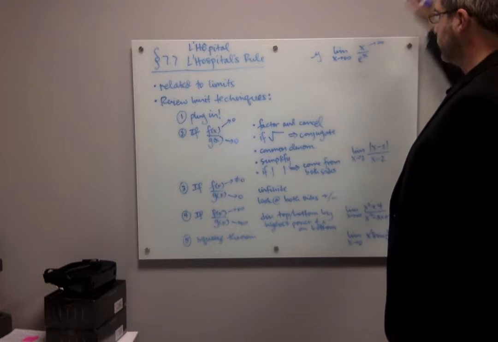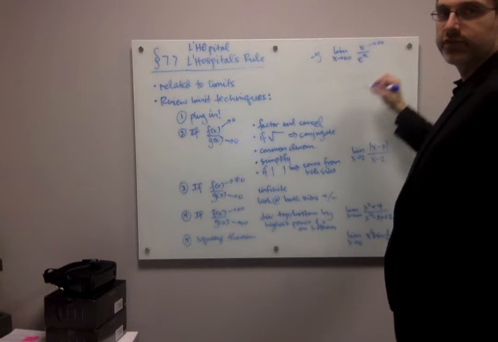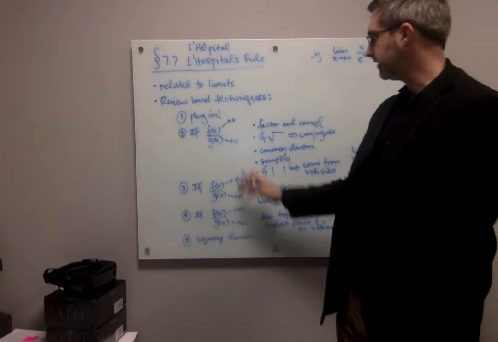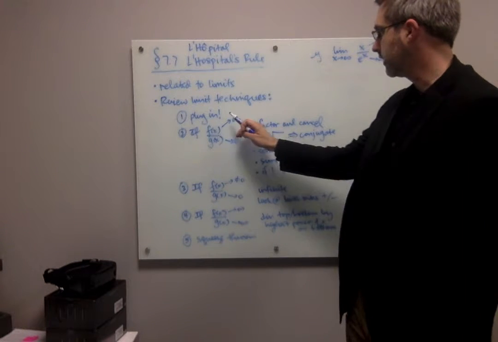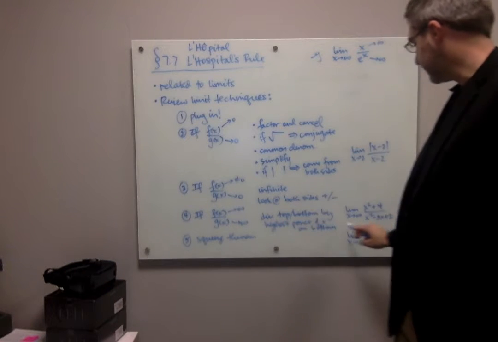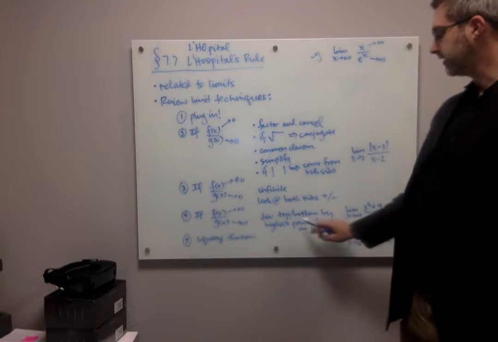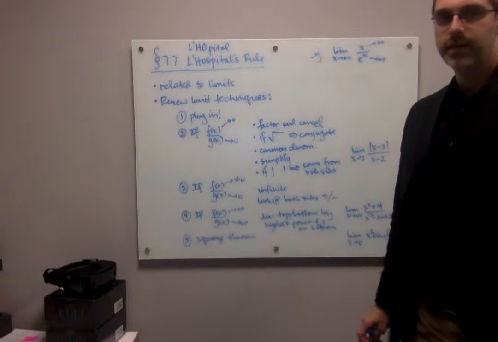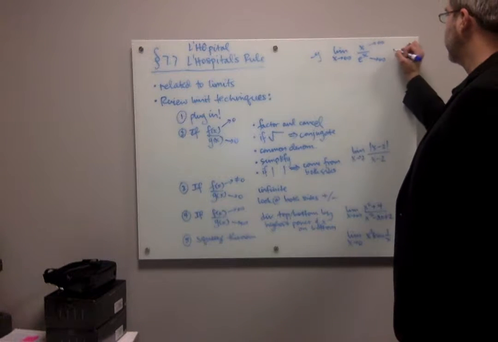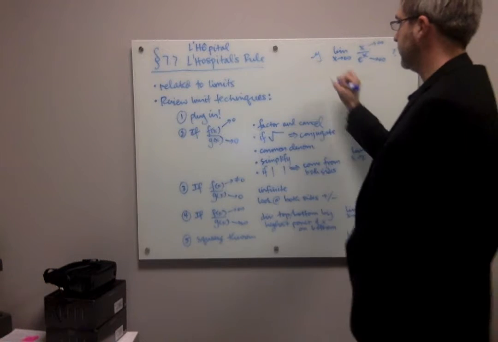E to the x, when x goes to infinity, e to the x also goes to infinity. So if I plug in, that doesn't work. This doesn't work, this doesn't work. It's not a polynomial over polynomial, so the technique that I had before actually doesn't work for us. So I don't have a technique yet that allows me to do that problem.